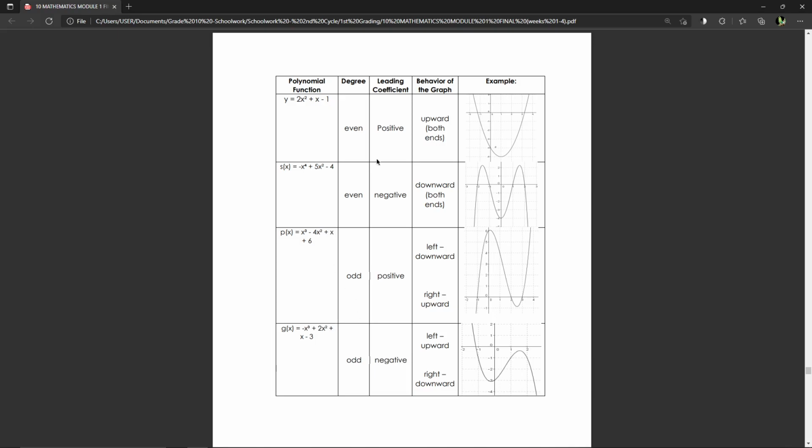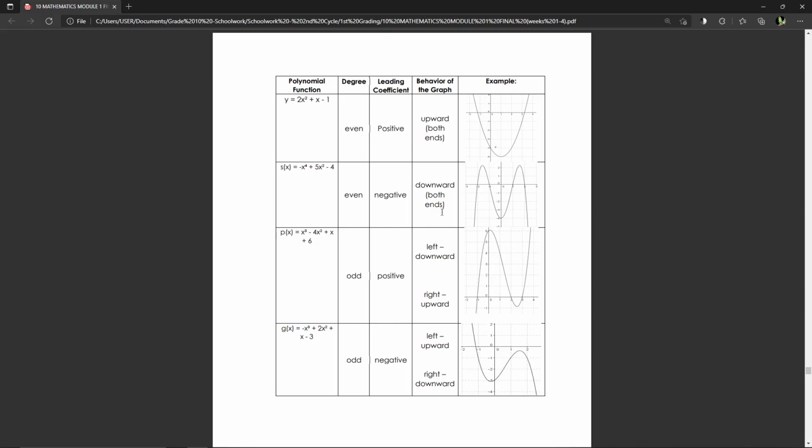The next one is the leading coefficient. We're going to find out if it's either positive or negative. Based on our leading coefficient, which is 2, we have a positive leading coefficient. Next is we have a negative leading coefficient because we got negative x. Same thing over again, x that's positive and this is negative.